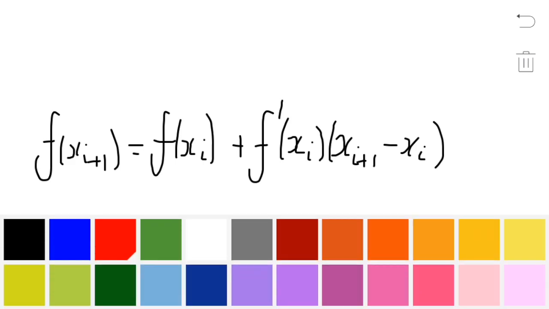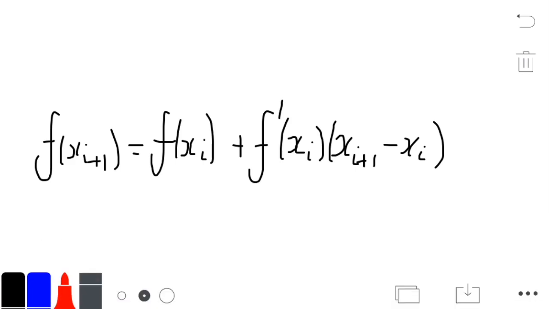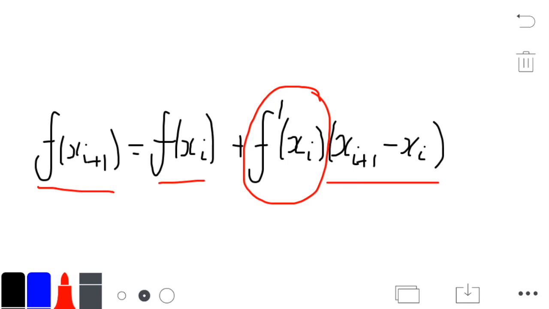That is, the function value at our next time step is equal to the function value at the current time step plus some slope term multiplied by our step size.